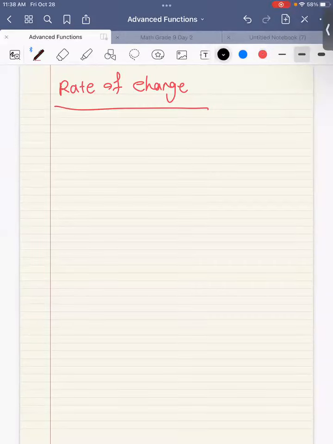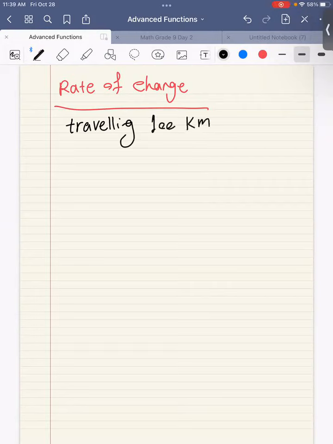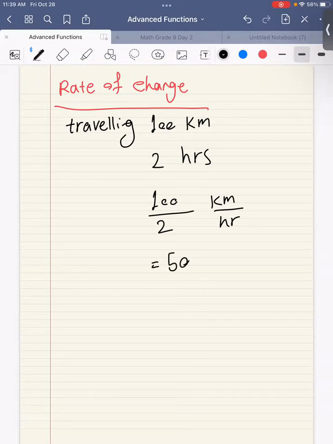So in this example, if you travel 100 kilometers in 2 hours, the rate of change of distance or position would be 100 over 2 kilometers per hour. So that means basically the average speed of the car is 50. Sorry, it's 50 kilometers per hour.